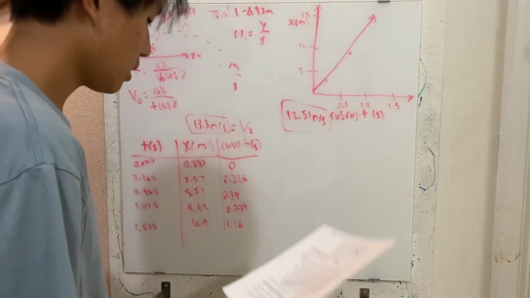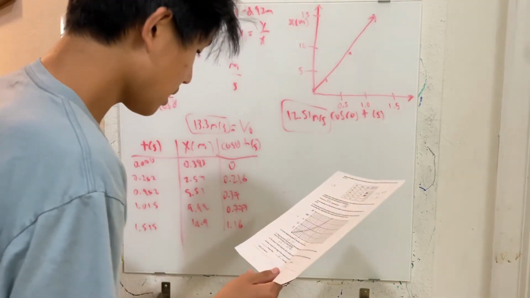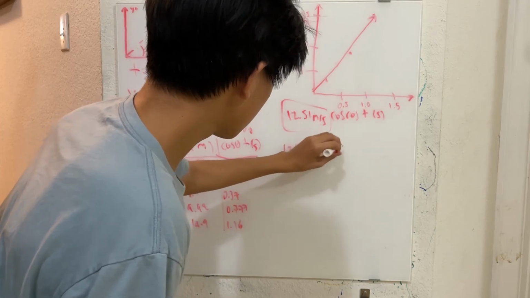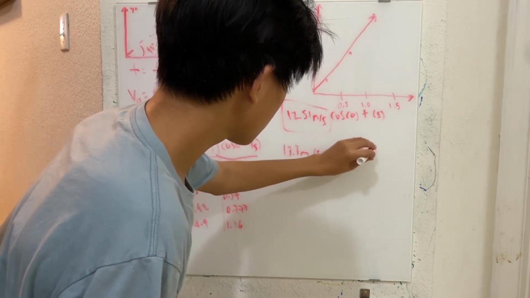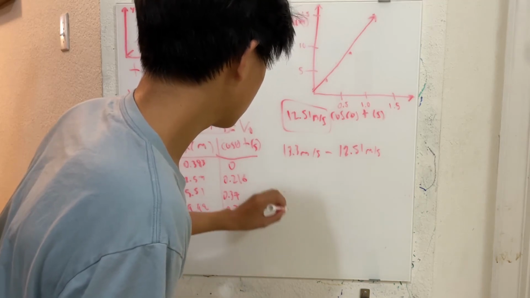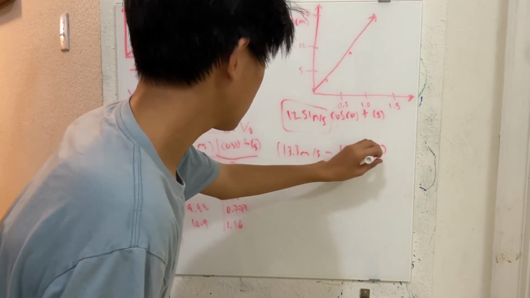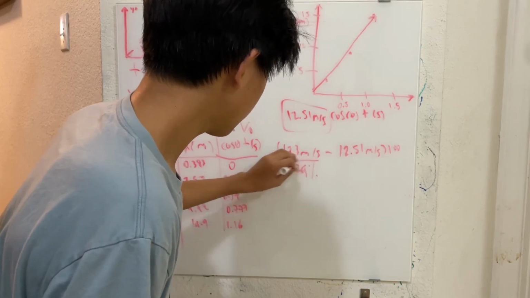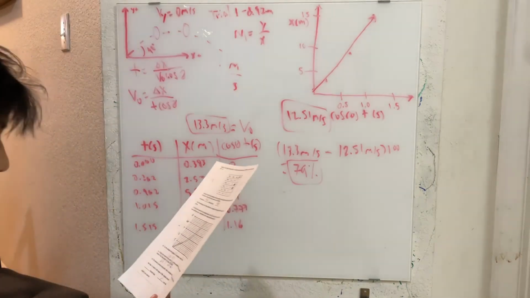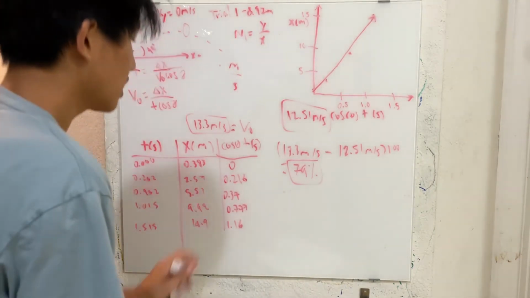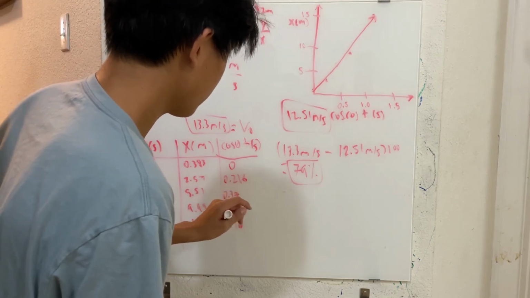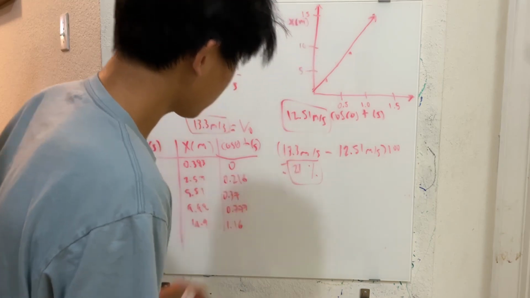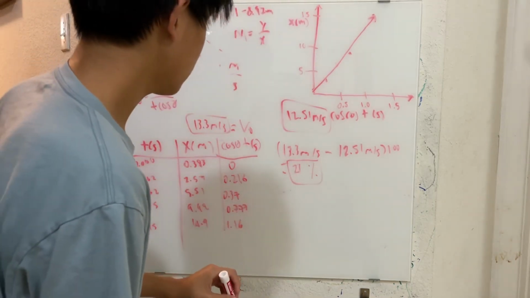So comparing that to our 13.3 meters per second, to find our percent error, it would just be, oh sorry, it should be 21% because you subtract 100 from this.